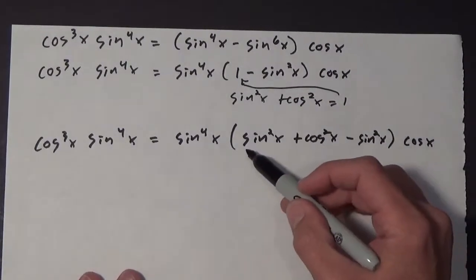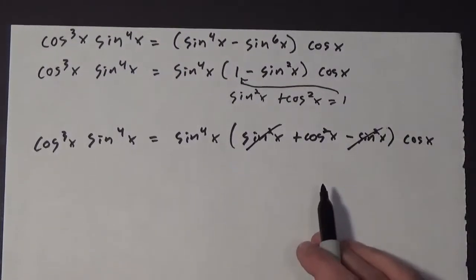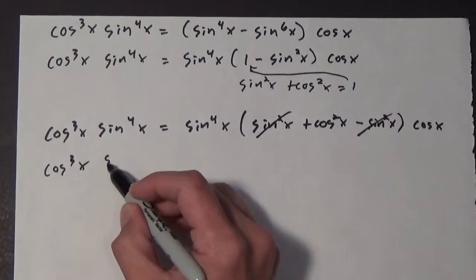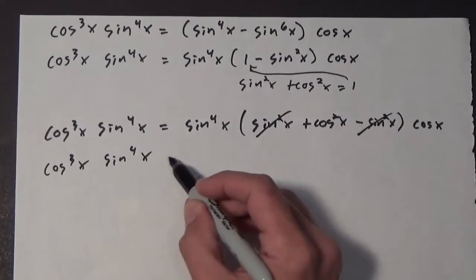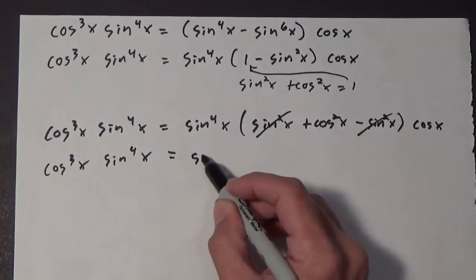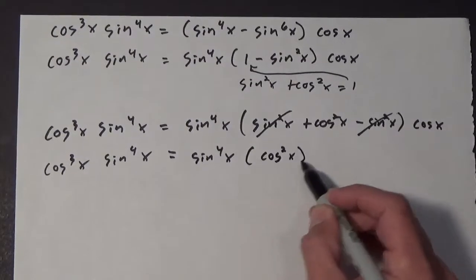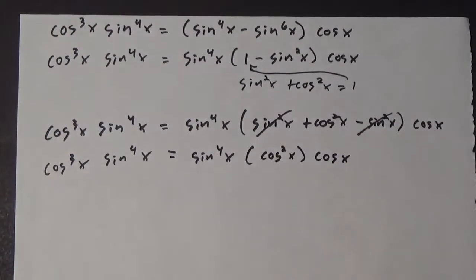Well, the sine squares of x cancel out, which is good. And so we have a cosine cubed of x sine to the fourth of x equals a sine to the fourth of x times the cosine squared of x times the cosine of x.